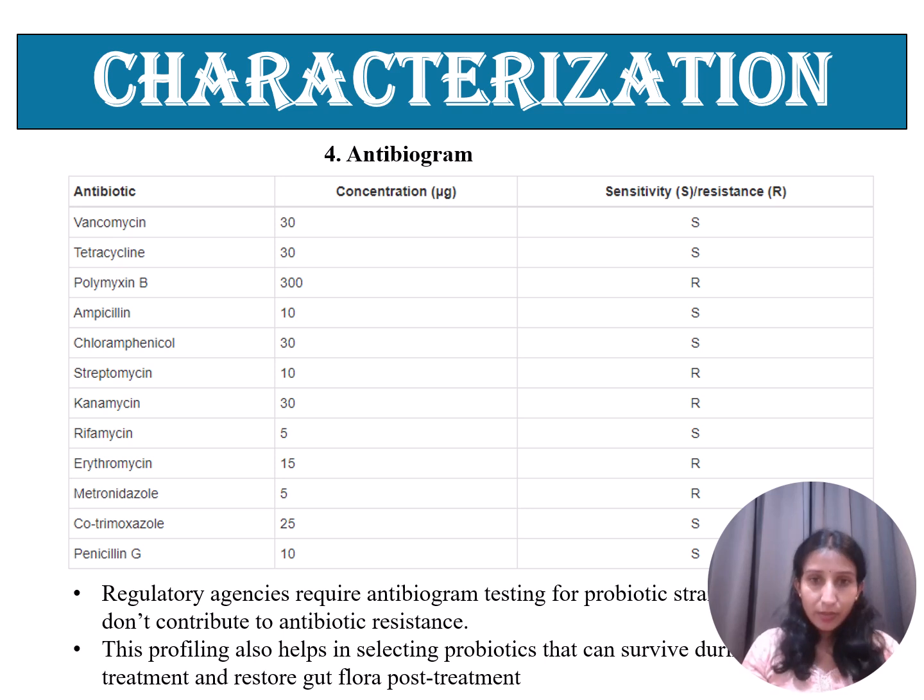As you can see, the organism was found to be sensitive to most of the clinically relevant antibiotics including vancomycin, tetracycline, ampicillin, chloramphenicol, and rifamycin and a few others, and resistant to a few such as polymyxin B, erythromycin, and a few others. Therefore, the antibiogram, this laboratory procedure, can be viewed as a crucial tool in clinical microbiology in order to determine susceptibility or resistance of a strain towards clinically relevant antibiotics.